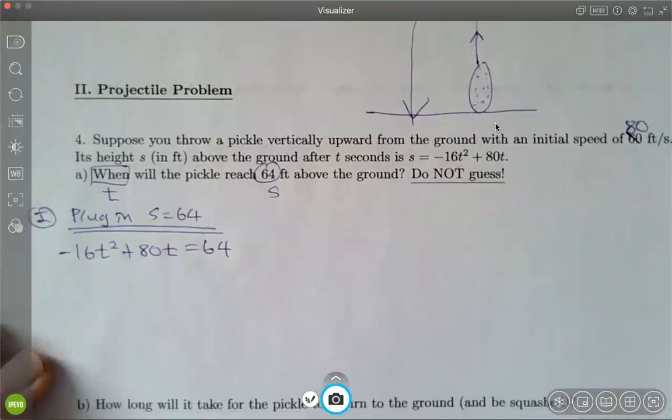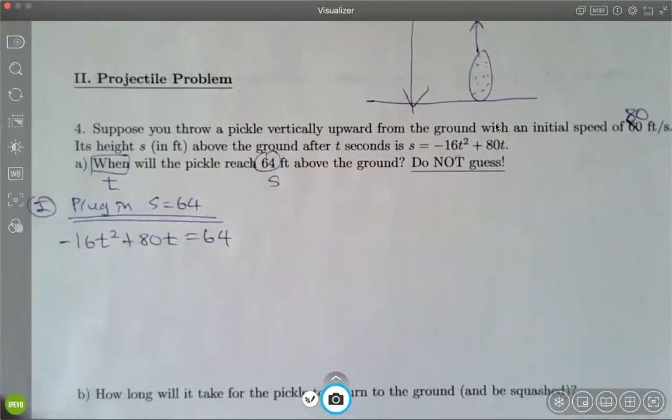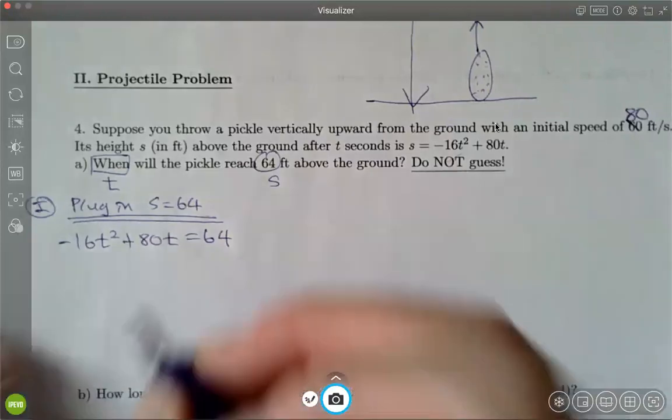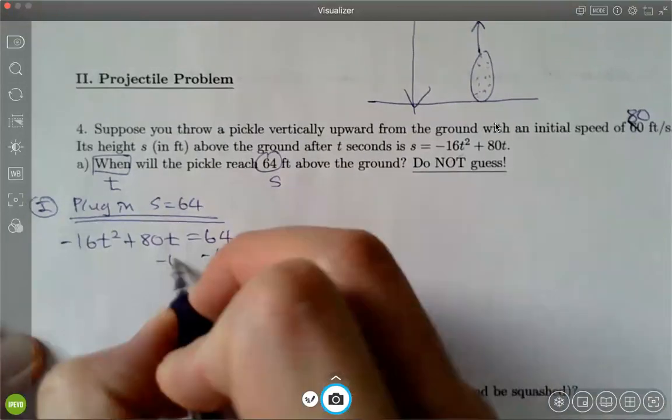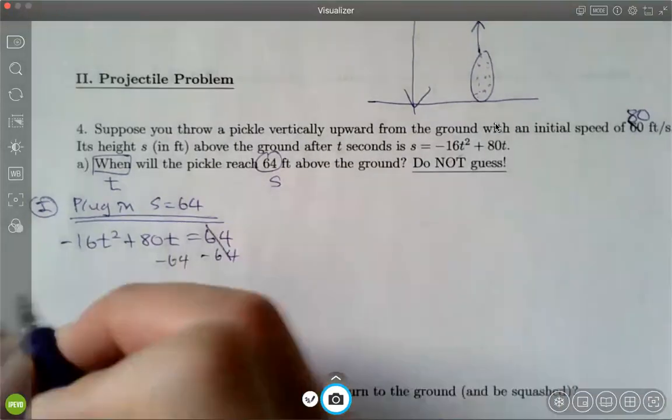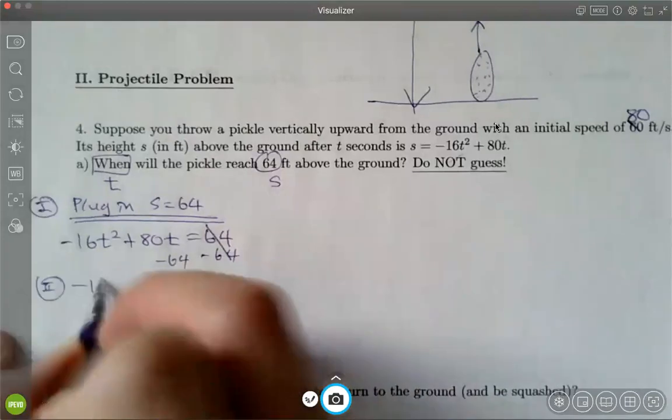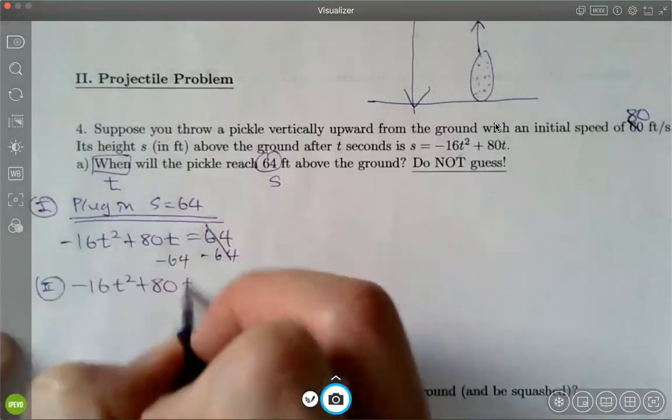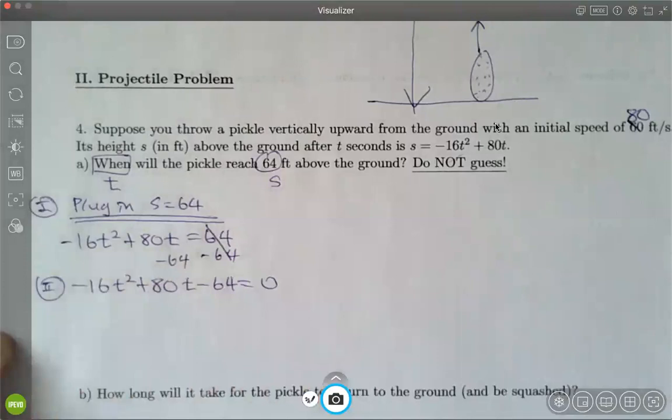Now, how do we solve for t for this problem? Move the 64 over and factor it. So subtract 64. So we have negative 16t squared plus 80t minus 64 equals 0, and then factor.